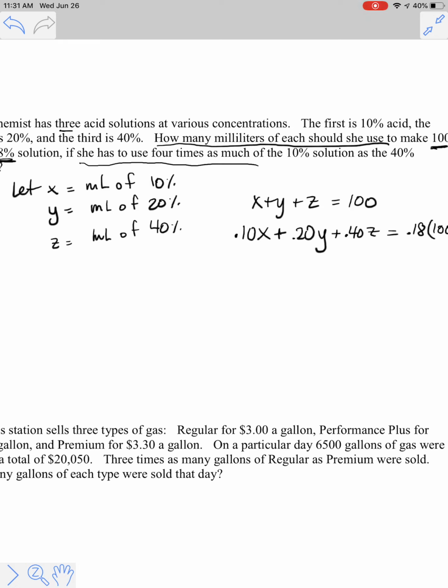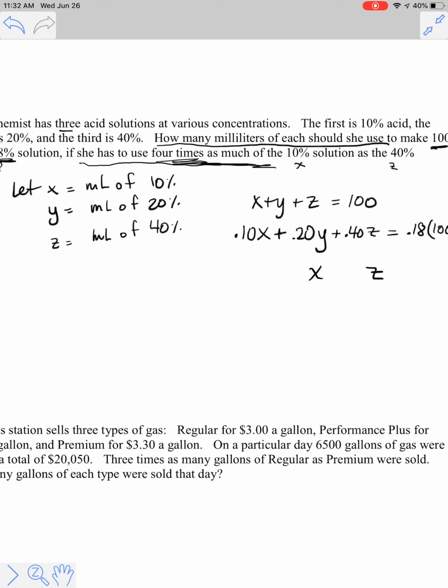The third equation is going to come from that statement there. This chemist has to use 4 times as much of the 10% solution as the 40%. So we're letting x be the 10% and z be the 40%. So I know that this equation is going to deal with x and z. This chemist has to use 4 times as much of the 10% solution, or of the x variable.